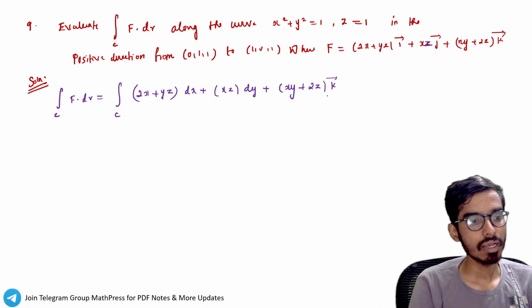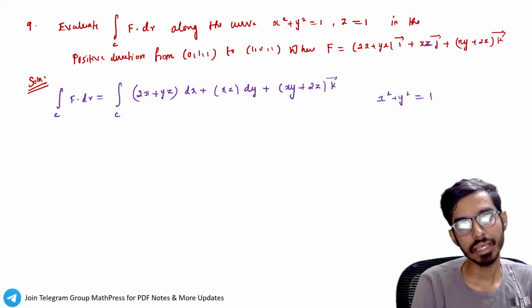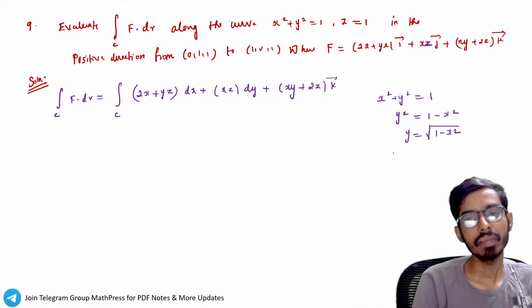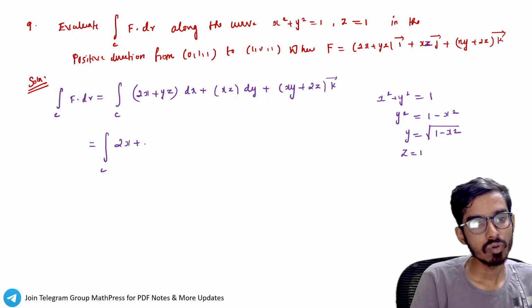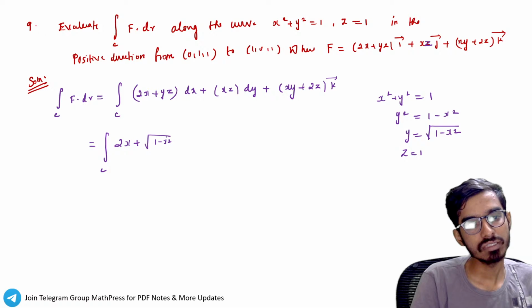Now we have z is equal to 1, right? So the curve is x square plus y square is equal to 1. That means y square will be 1 minus x square. So therefore y will be root of 1 minus x square, and z is always 1, right? So this will be integral over c of (2x plus y into z) dx, where y is root of 1 minus x square and z is 1.